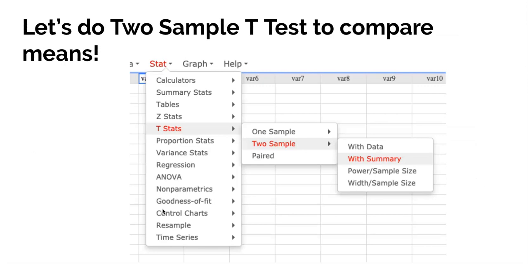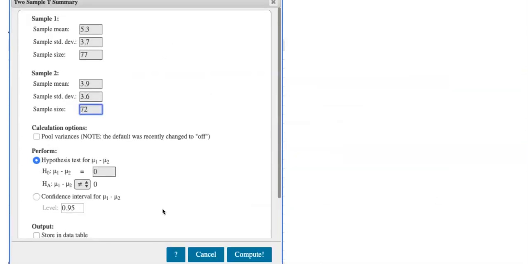All right, let's go ahead and go to Stat, T Stat, and 2-Sample with Summary, because we are given summary this time, right? Now take a look at the numbers that I entered. For female, the sample mean number of yes answers on this questionnaire was 5.3 with a standard deviation of 3.7.